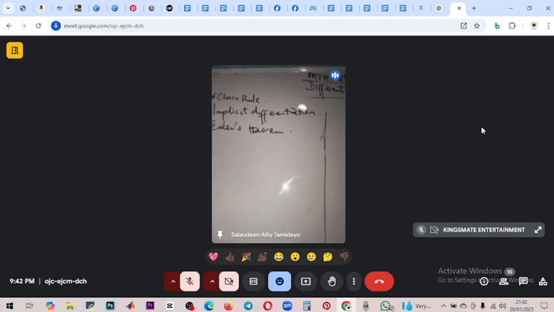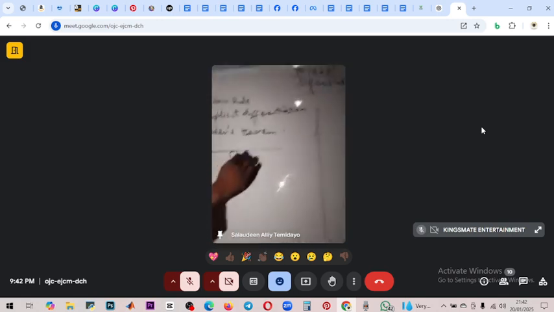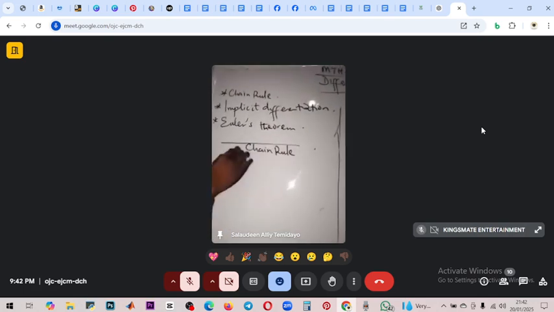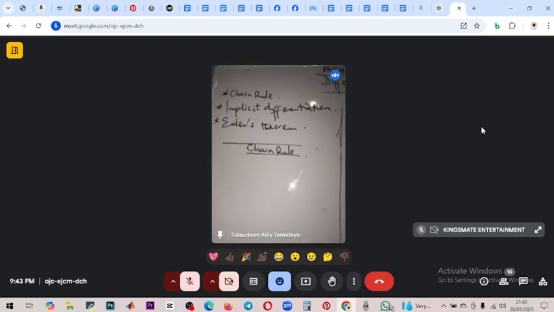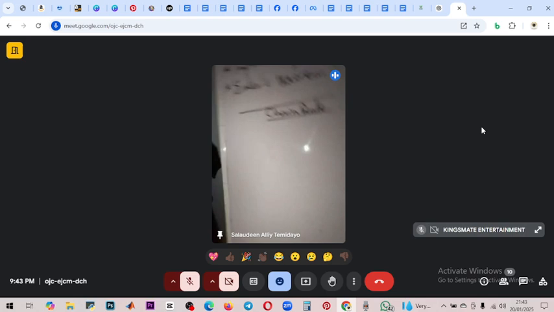So let's start with the chain rule. The chain rule is one of the techniques used in differentiating.